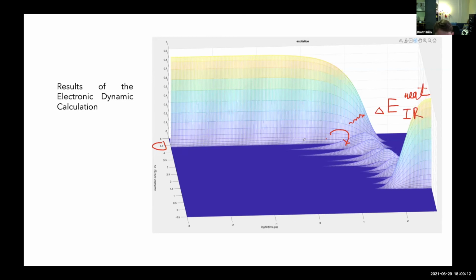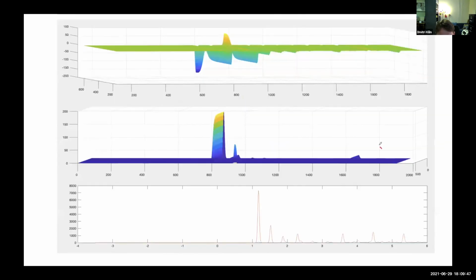But then this infrared emission will happen at a very low frequency, like 0.3 electron volt. Then when we go from this excitation to the next one, it releases another portion of energy, delta E prime. And then again, it can go into heat, into lattice vibration, or into infrared emission. And the same story for each of these pairs of peaks.